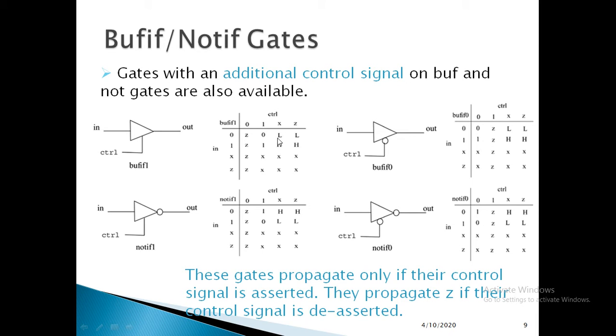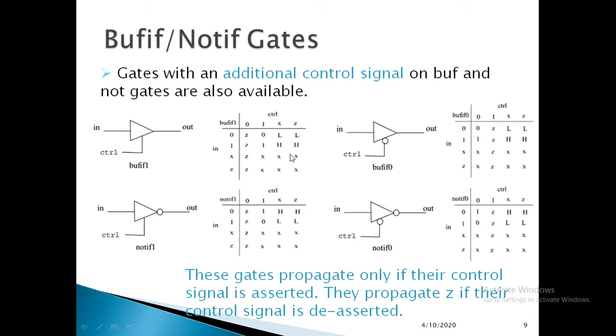will be logic low. Here you see that if control input is X and bufif0 input is 0, then the output will be logic low. And if control is in high impedance state, then the output will be logic low.